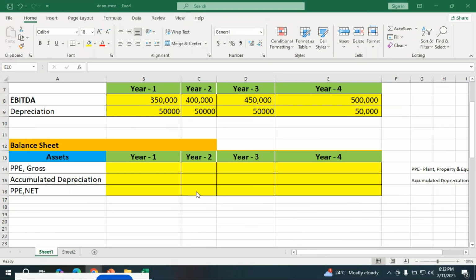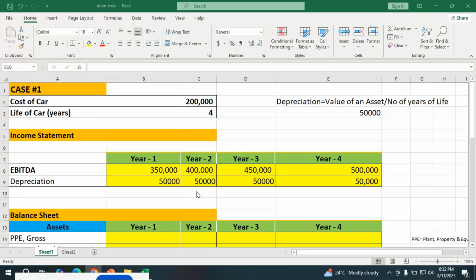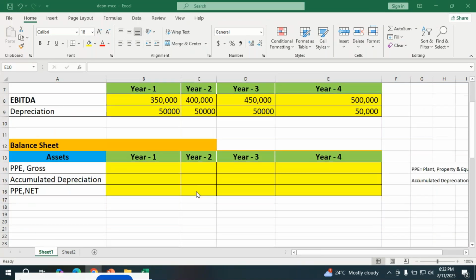Okay, so let's start this. Now, what is the value of your plant in year one? The gross value.